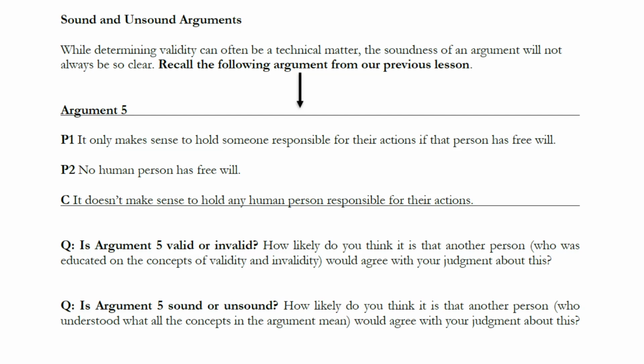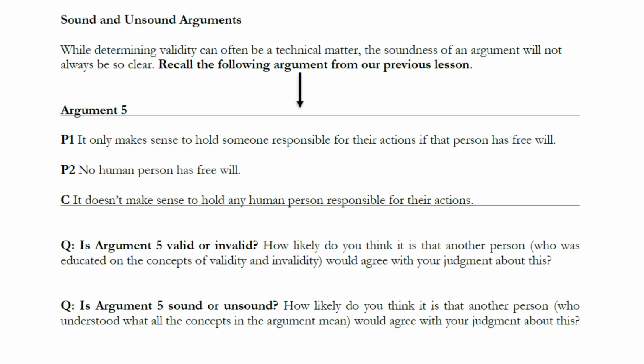Well, let's begin by evaluating its validity. P1 tells us that the only scenario under which it would be fair to hold someone responsible for what they do is if that person has free will. This implies that it would not make sense to hold anyone who lacks free will responsible for what they do. Then, P2 tells us that nobody has free will.